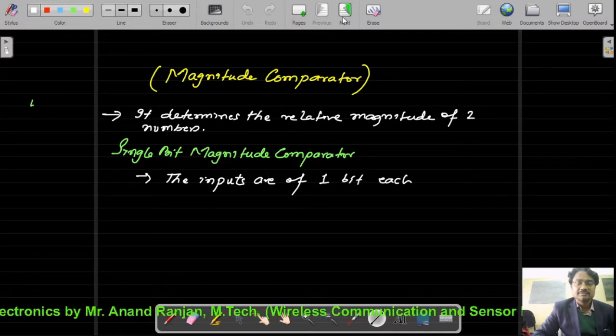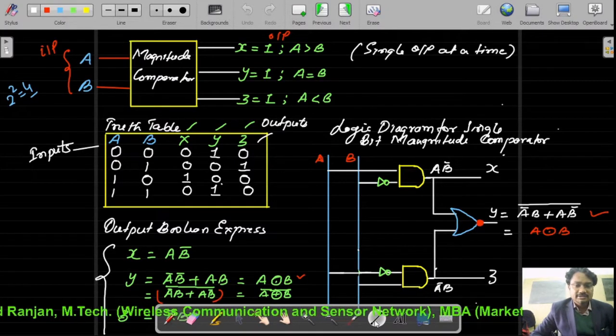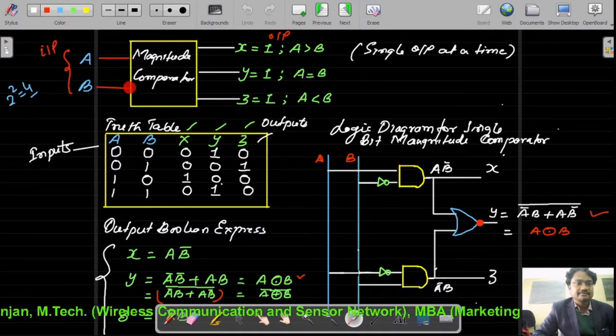The comparison will be based on whether one input is greater than, less than, or equal to the other. So this is the conceptual block diagram of a magnitude comparator circuit.